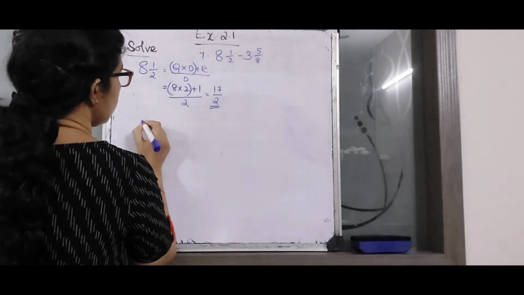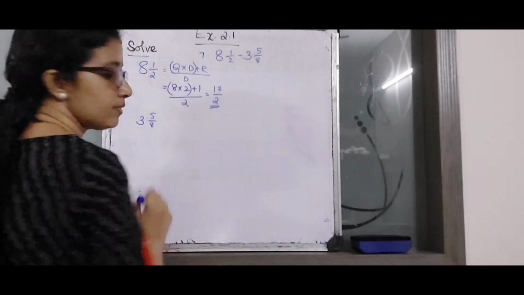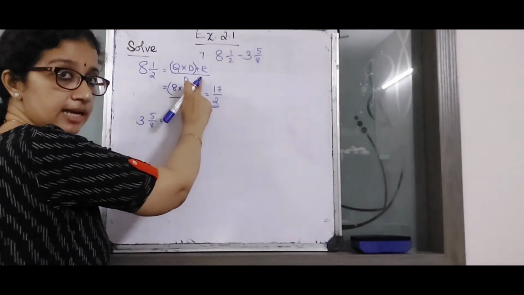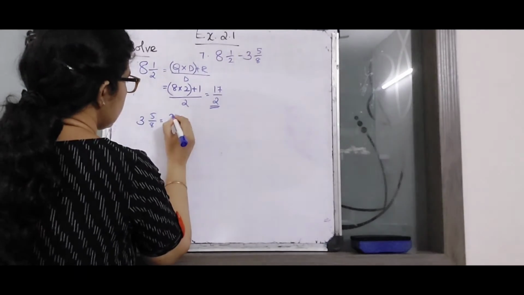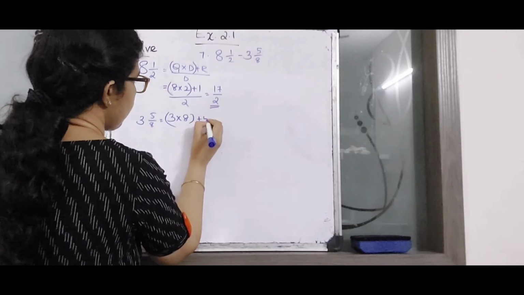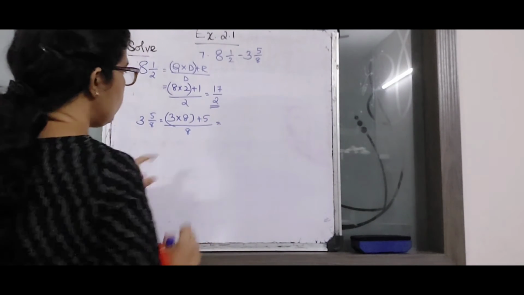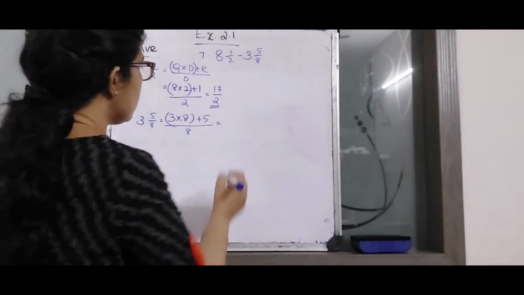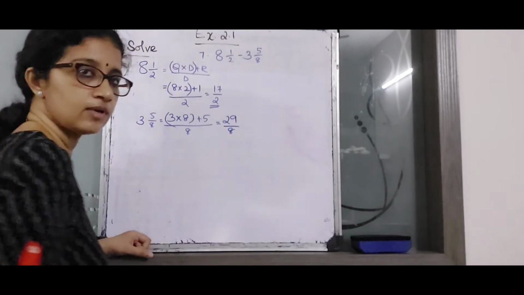The next term is 3 5 by 8. Okay, 3 5 by 8 can be written as, if we are using the same formula here, we can write this as 3 into 8 plus 5, the whole divided by 8. 8 into 3 is 24. 24 plus 5 is 29. 29 by 8.